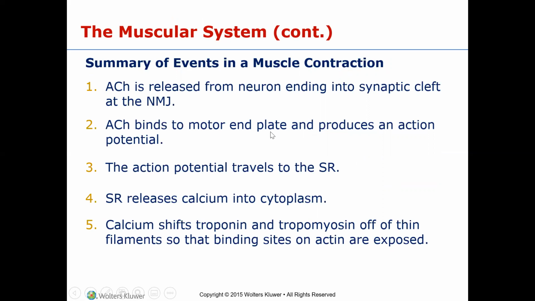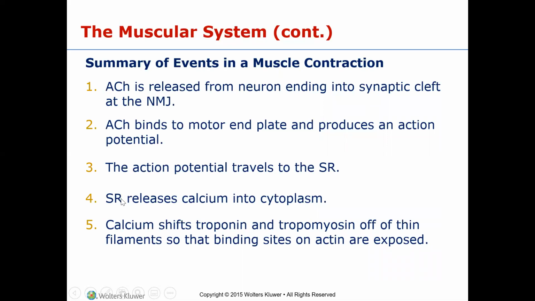That's where the muscle is, and it starts to produce this thing called an action potential, which is really the propagation of a nerve impulse down that muscle fiber to make it contract. So then the action potential travels to what they call the sarcoplasmic reticulum.